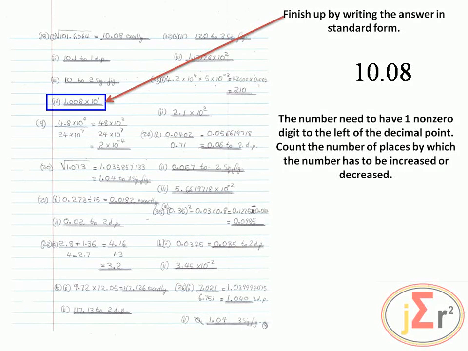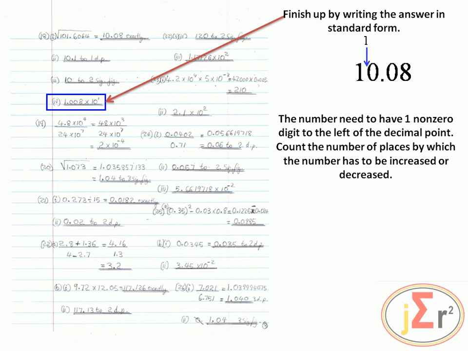Count the number of places by which the number has to be increased or decreased in order that we may have one non-zero digit to the left of the decimal point. So we will have the understanding that only one non-zero digit needs to be to the left of the decimal point. And additionally what?